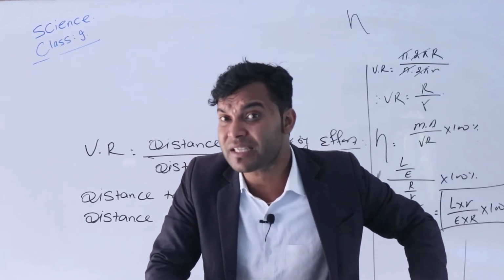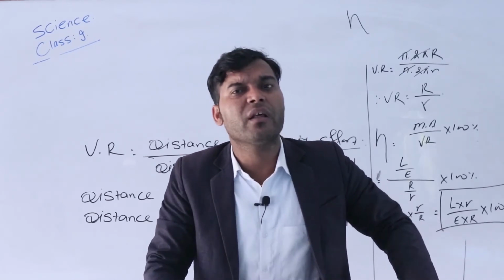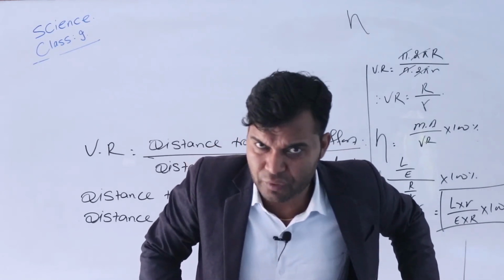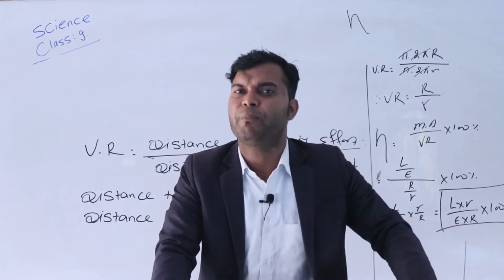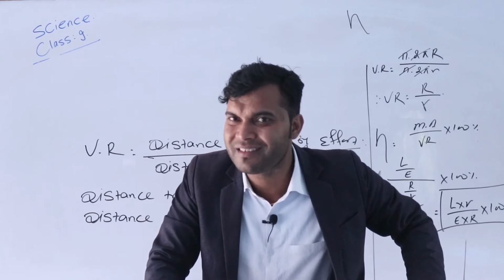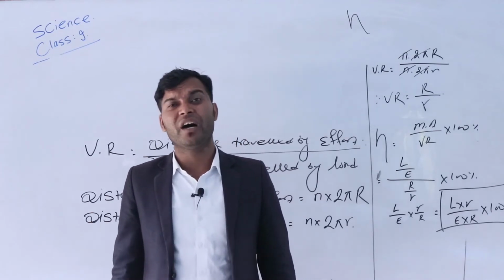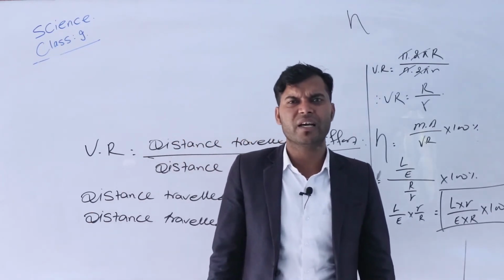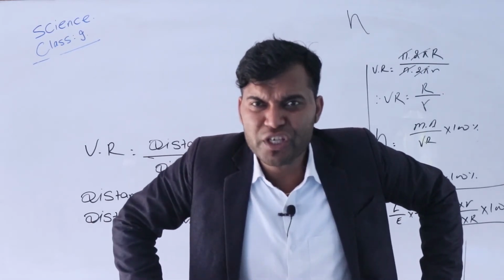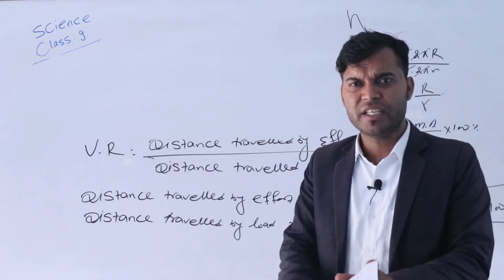What is the principle of a first class lever? The fulcrum lies in between, and the product of load into load arm is always equal to effort into effort arm. This is the principle of a first class lever. Wheel and axle also works on the basis of the first class lever, with the fulcrum lying at the center of the wheel and axle, so it is called a continuous lever. Don't be confused.